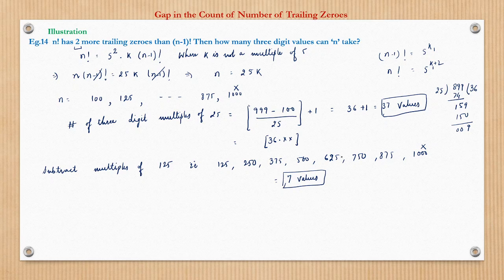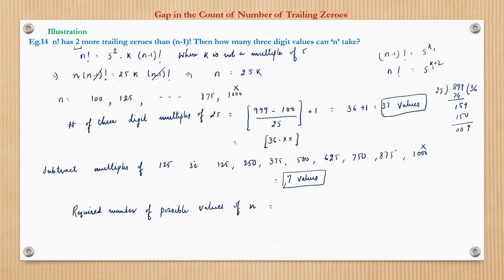Acha, this also has a multiple of the form 625, right? Which we have actually taken out here. So what will be the required number of possible values of n?